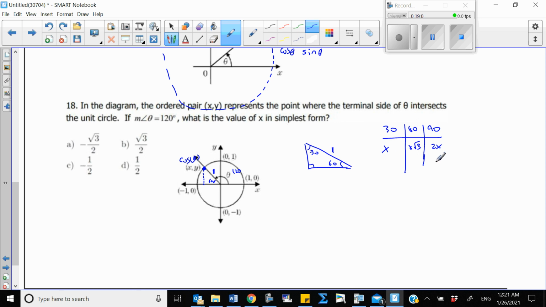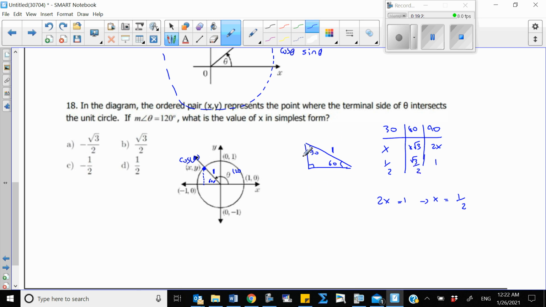Opposite 90 is 1, so 2x is equal to 1. x is equal to 1 over 2. So this side is 1 over 2, and this one will be x times radical 3, that means 1 over 2 times radical 3 is radical 3 over 2.